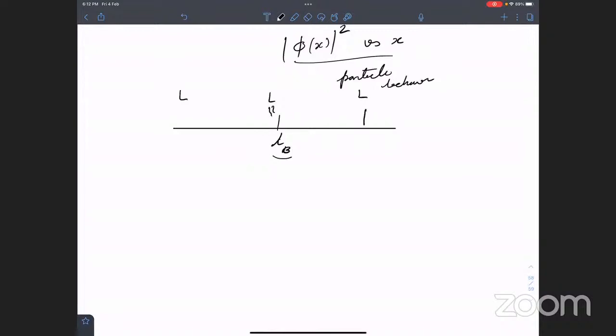And if the device length is much smaller, then here we have almost exclusively wave-like behavior. And if it is comparable to the de Broglie wavelength, this is where all the interesting physics happens. This is where you will see wave-particle duality.